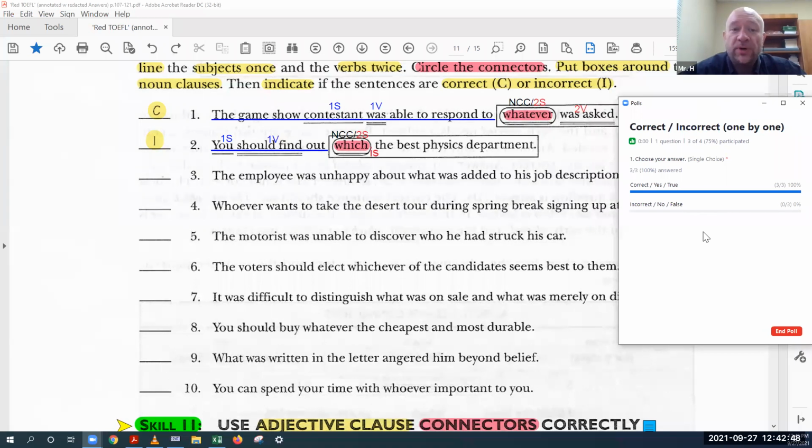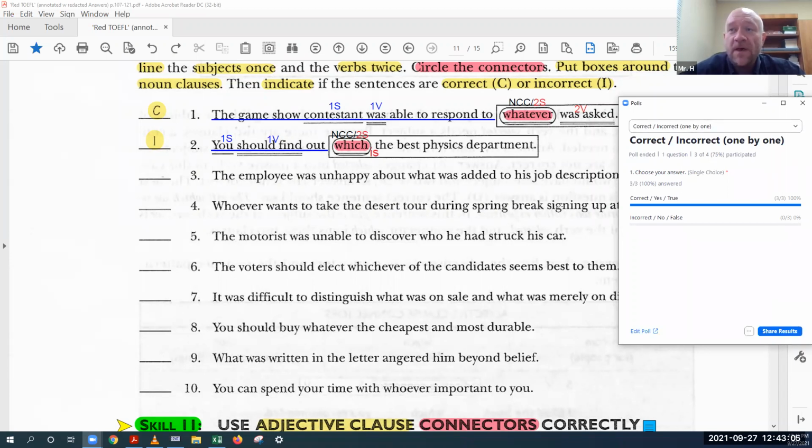That's 2 people, 3 people. Yazan, are you participating? Are you answering? No? Okay, so looks like 3 people have answered. Let's see what your answers are. Correct or incorrect? All right.